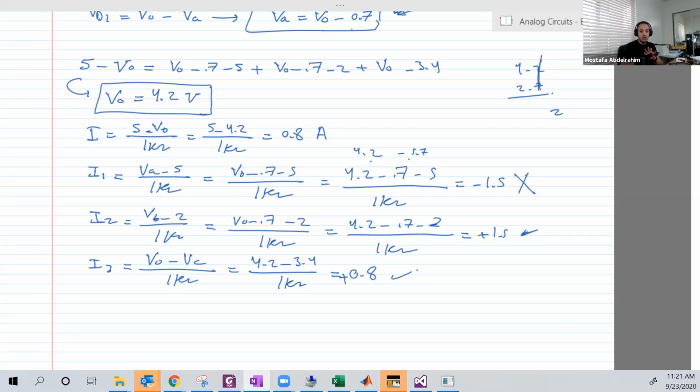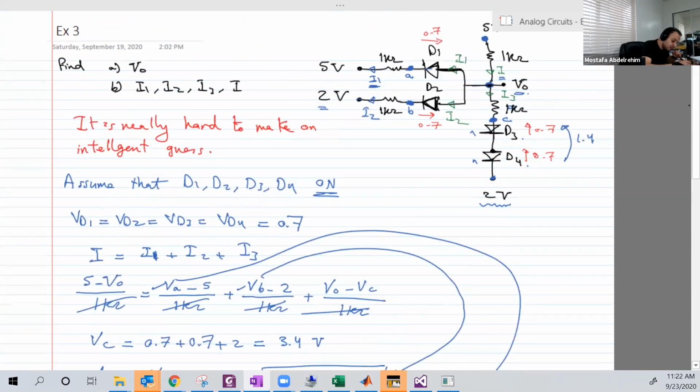It's not a foolproof or definite assumption, but we can assume the opposite of that. So since I2 and I3 got positive currents, we can assume that D2, which is that one, and D3 and D4, which have positive currents based on that wrong answer, by the way, are on.